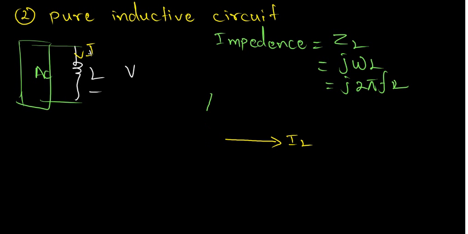We need to draw this as a straight line. This is the voltage of this inductor. So this is the phasor diagram for the pure inductive circuit.